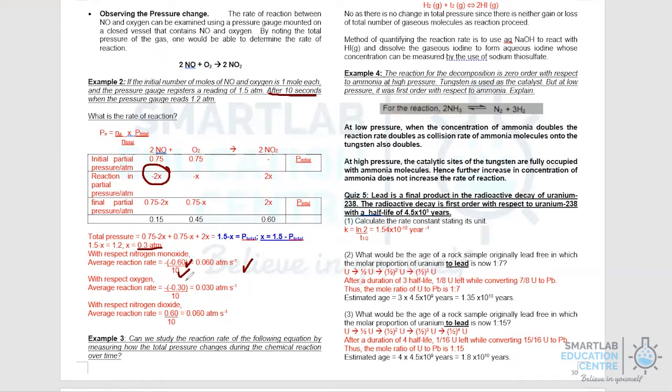With respect to oxygen, in the same way, it is minus x, so that's the amount of oxygen that has been used up. You divide by 10 seconds, and that will give you the rate with respect to oxygen. Finally, for the product produced, the amount of NO2 produced, in the same vein, we take 0.3 atm times 2, which gives us 0.6 atm, divided by 10 seconds. So that's the average rate of reaction with respect to NO2.